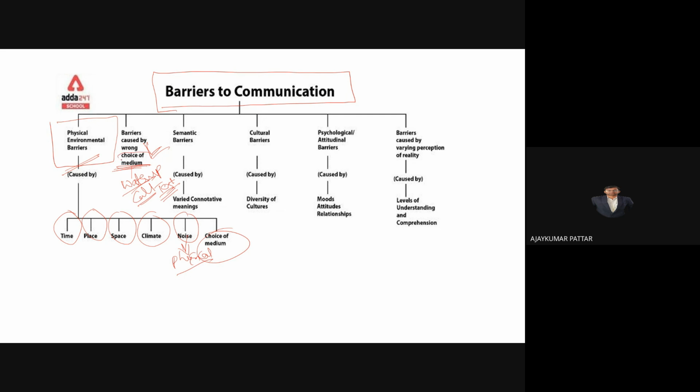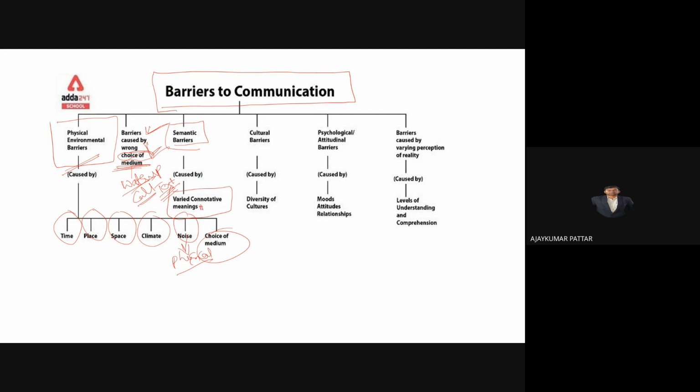So the wrong choice of medium of transferring the message is also one of the causes of a barrier. Then the next one is semantic barriers. Semantic barriers means varied connotative meanings.